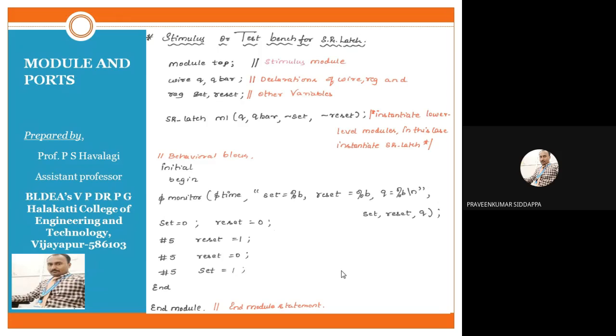Whenever you have written outputs in your code, if you are initializing them in the test bench, they should be initialized by using wires. Remember it. In the test bench, if inputs are there, register. If outputs are there, we have to initialize them as wires. Remember, wire Q and Q bar.